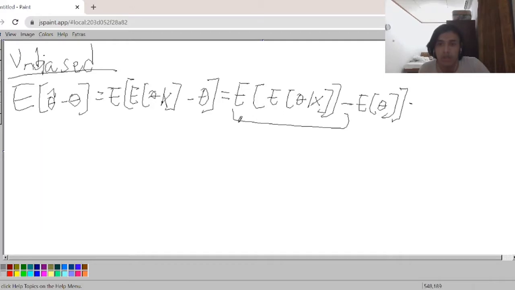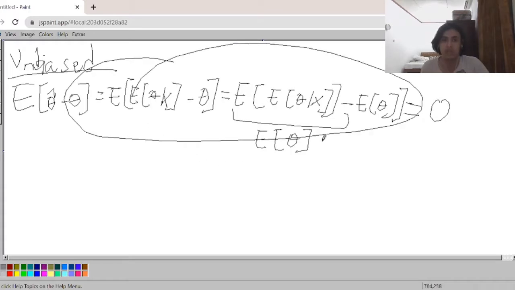When we subtract, the result is theta minus theta, which equals zero. So this whole thing means unbiased, as the name indicates, the MMSE estimator is unbiased.